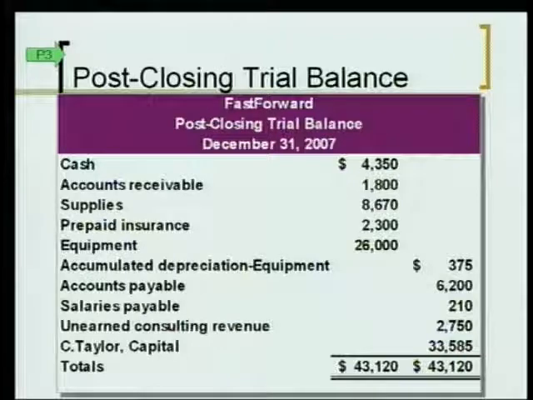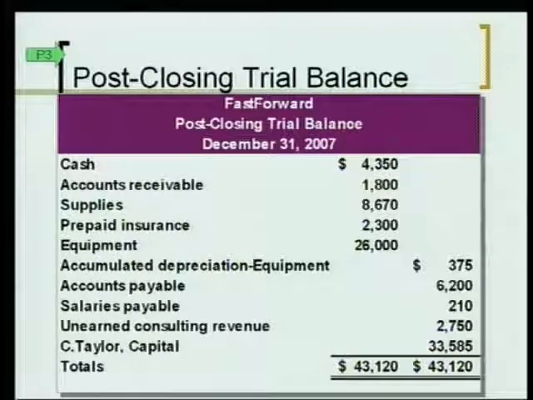Now notice a couple things. Are there any temporary accounts listed on this post-closing trial balance? No. The only reason we do this is to make sure we didn't forget one. Let me ask you, would a statement like this be helpful to help prepare financial statements? No. Why? What is the first financial statement we prepare?